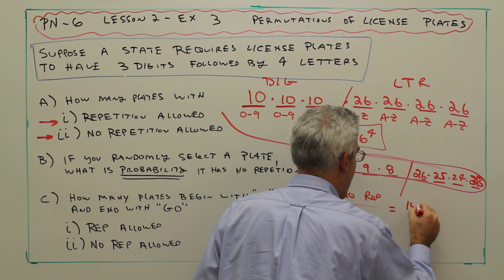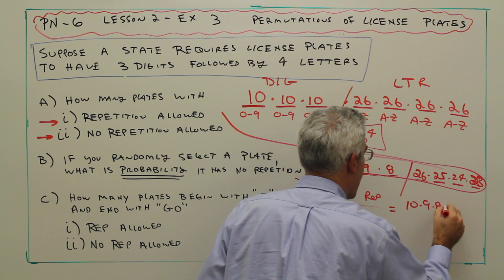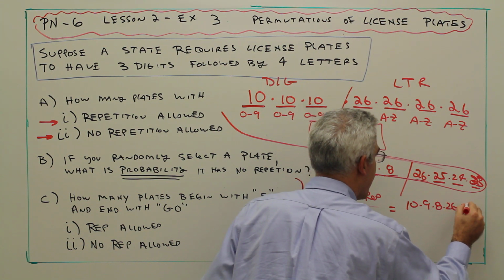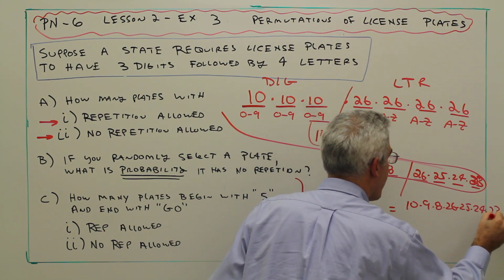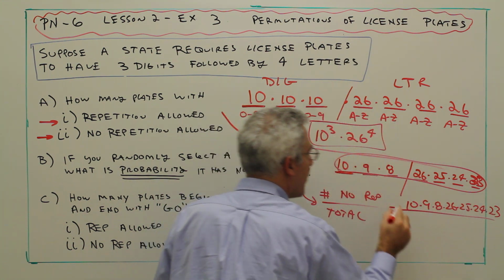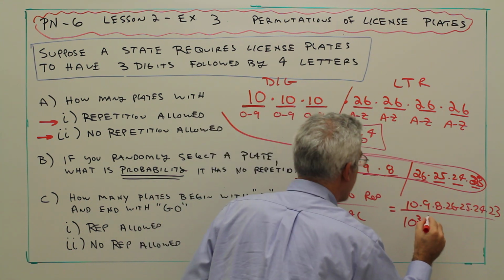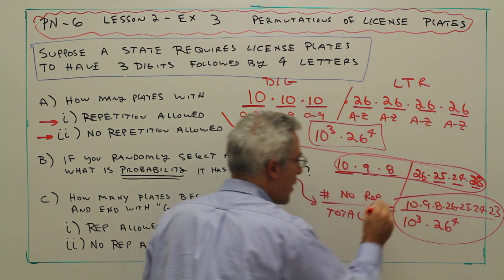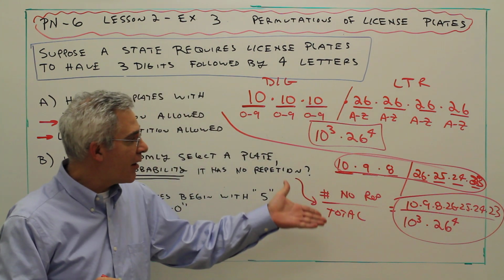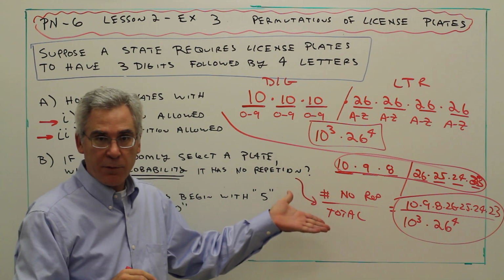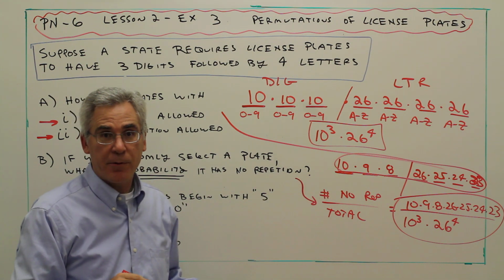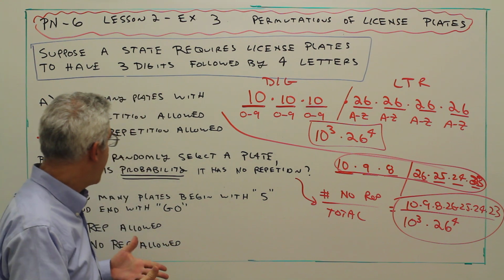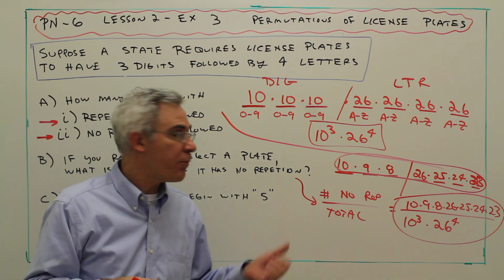So it's going to be 10 times 9 times 8 times 26 times 25 times 24 times 23 all over 10 cubed times 26 to the 4th. And again, you could calculate that with your calculator, but just for this video, I'll just set it up for you. Typically, we'll give 3 decimal places for the probabilities.